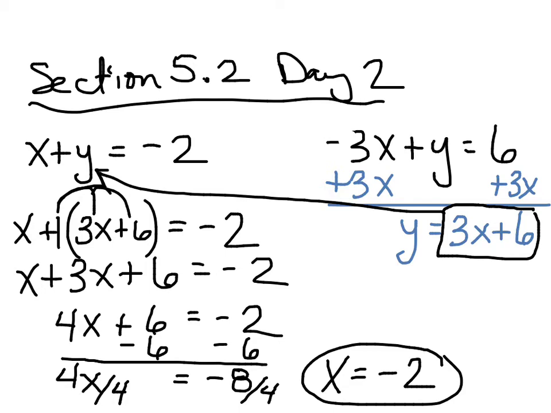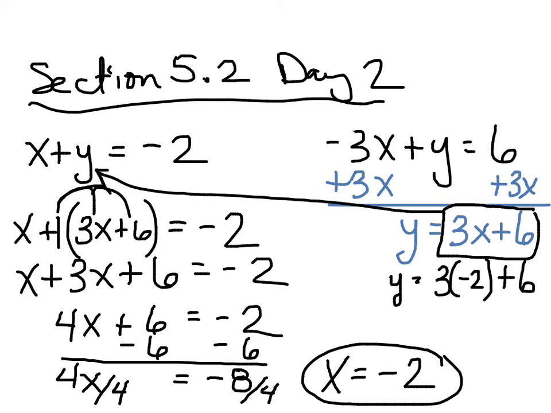That's step 2. Remember how I said yesterday, when we were getting hungry, that step 2 is like all the filling, or all the meat inside? Yes, that's the main work. Now we have to plug that -2 back in to figure out what y is, whatever letter we're missing. So y equals 3 times -2 plus 6.